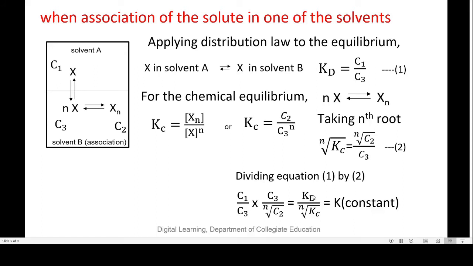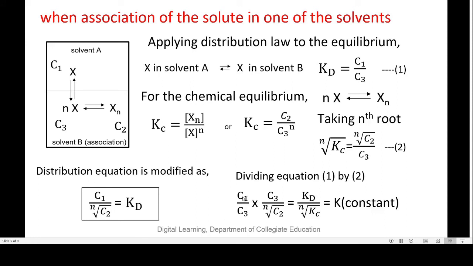This is one constant, this is another constant, and the ratio will give another constant. So now the modified form of the distribution law can be written as C1 upon nth root of C2 equal to another constant Kd, which is the distribution coefficient. So this is the modified distribution equation in case where solute undergoes association in any one of the solvents.